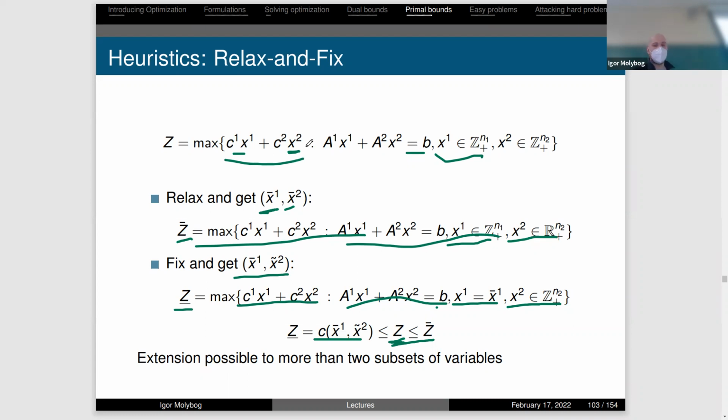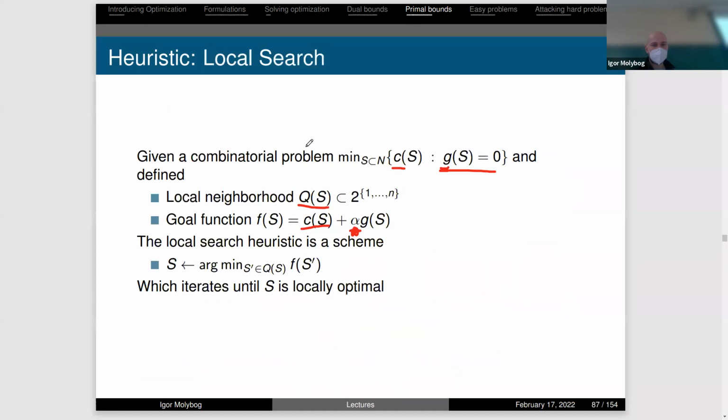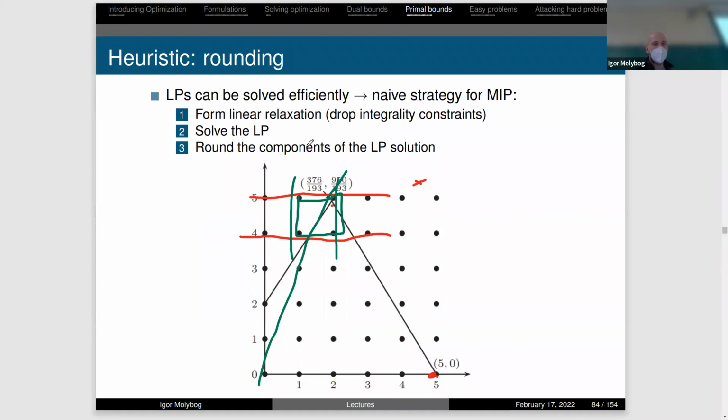For this particular example, it's pretty hard: considering all of the heuristics that we have discussed so far, only a very complex or involved one would give us a feasible solution starting with this solution of the LP.